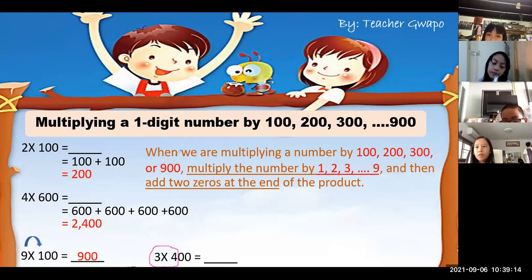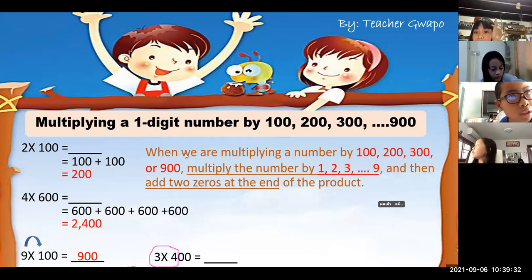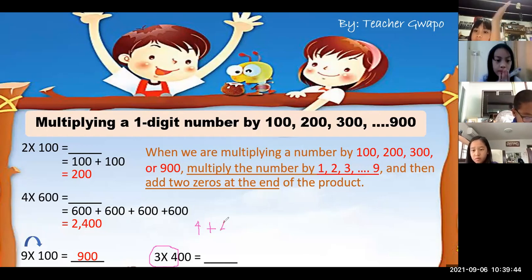3 times 4, what is the answer? How about Natapong? We will ask Natapong, number 47 from 3/5. 3 times 4, what is your answer? 3 times 4 is like 4 plus 4 plus 4.